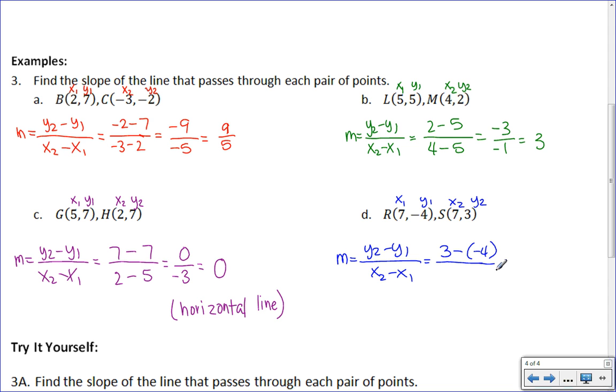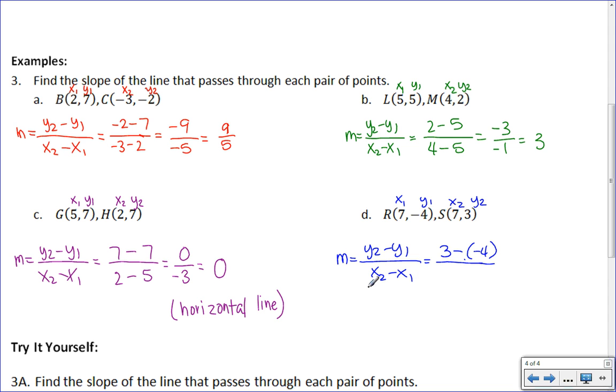We have to be very, very careful right here when we write down the numbers in the formula. Notice that there's a minus in the formula, so we have a minus here. And then y1 is negative 4, so I have the negative with the 4. Be careful that you don't just write down 3 minus 4, because the y-coordinate is not 4, it's negative 4. So you have to have the subtraction from the formula and the negative from the number. You have to have both.